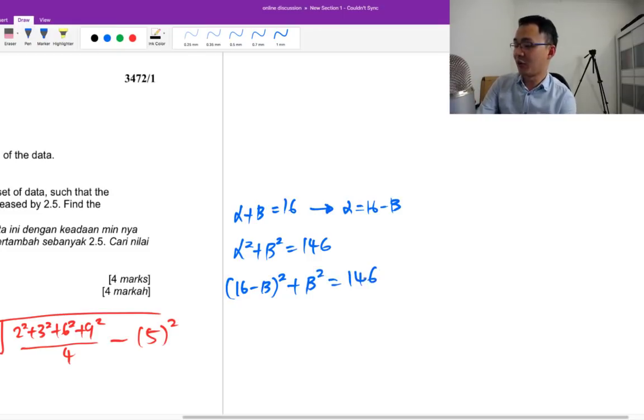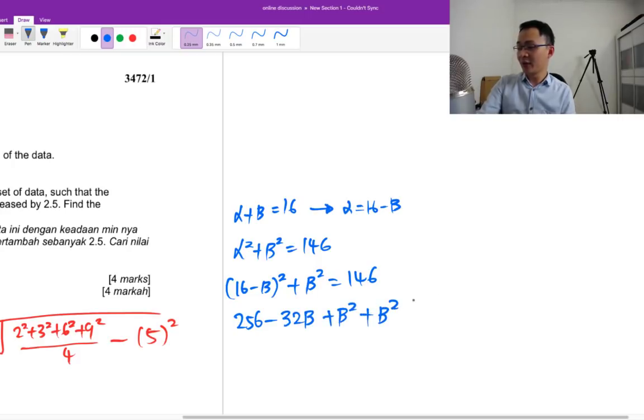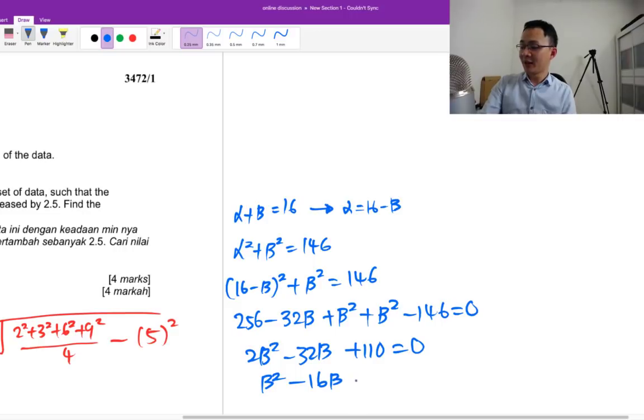So yeah, I will solve this one. 16 square is 256. 256 minus 32 beta plus beta square minus 146 equals to 0. So I have 2 beta square minus 32 beta. So 256 minus 146, I have plus 110 equals to 0. So I divide 2, beta square minus 16 beta plus 55 equals to 0.